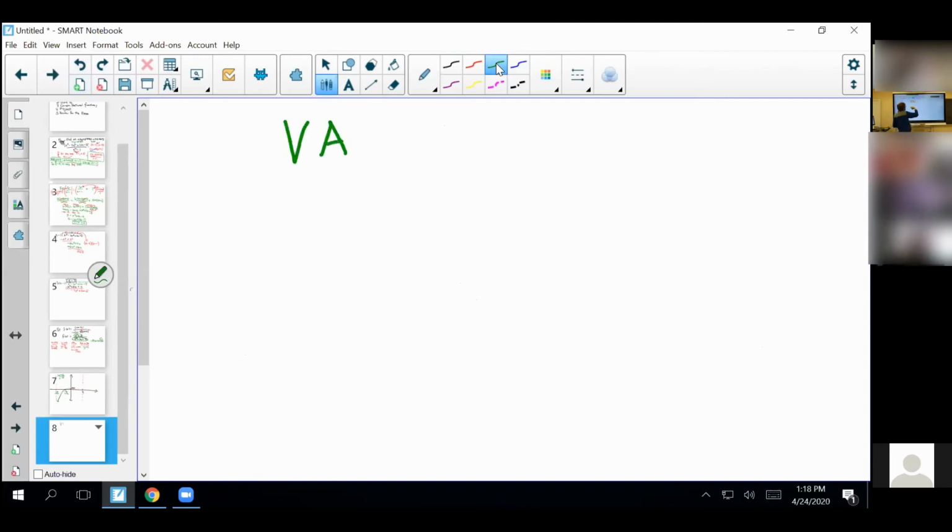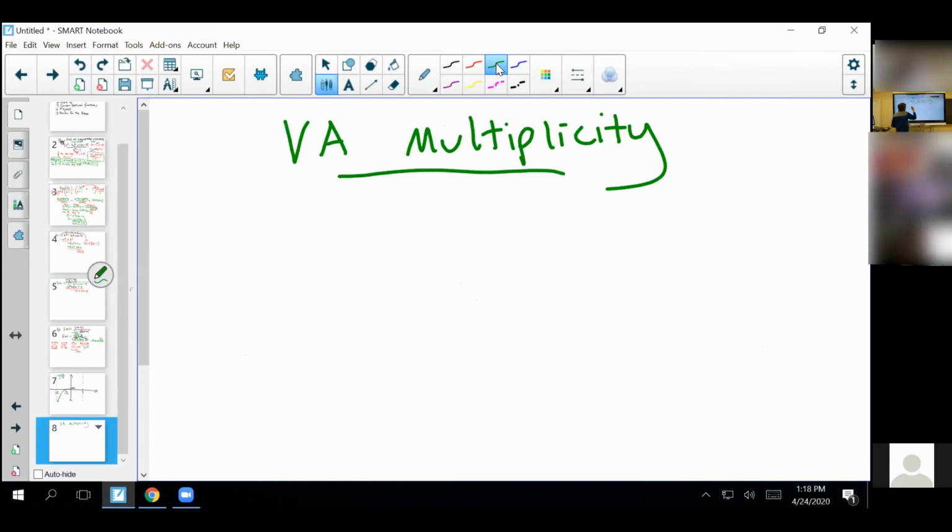This is just going to be real quick, VA multiplicity. So if it's something like x minus 3, say 1 over x minus 3 cubed, so some odd number here. If this is odd, then your vertical asymptote is going to look something like this.